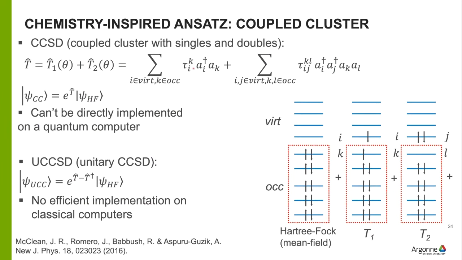And so these parameters here, tau, are the cluster amplitudes, and these are the parameters that we are going to optimize. For each excitation, single or double, you have a variational parameter that adjusts these amplitudes to minimize the energy.